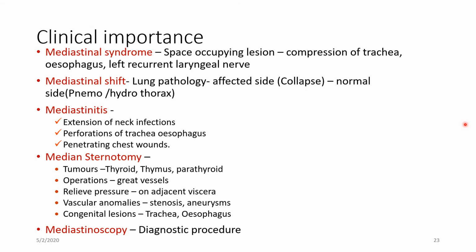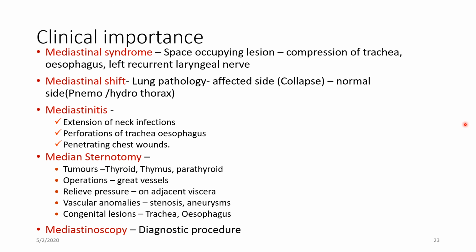So if there is a lung pathology, if it is collapsed, the mediastinum moves towards the affected side, and if it is filled with air or fluid, then it will shift towards the normal side. That is mediastinal shift.